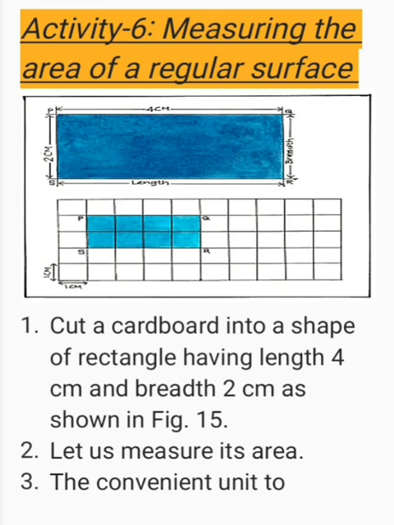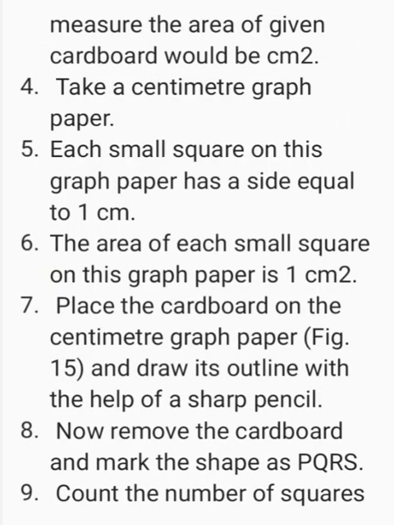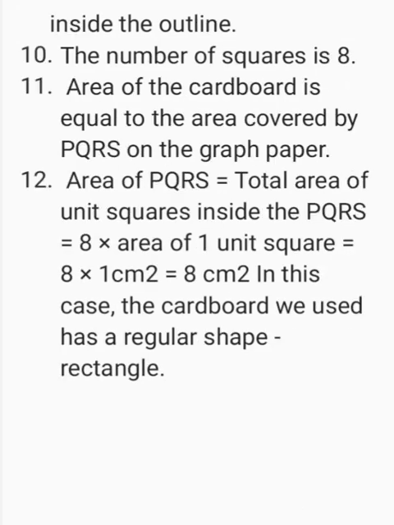Place the cardboard on the centimeter graph paper, figure 15, and draw its outline with the help of a sharp pencil. Now remove the cardboard and mark the shape as PQRS. Count the number of squares inside the outline. The number of squares is 8.